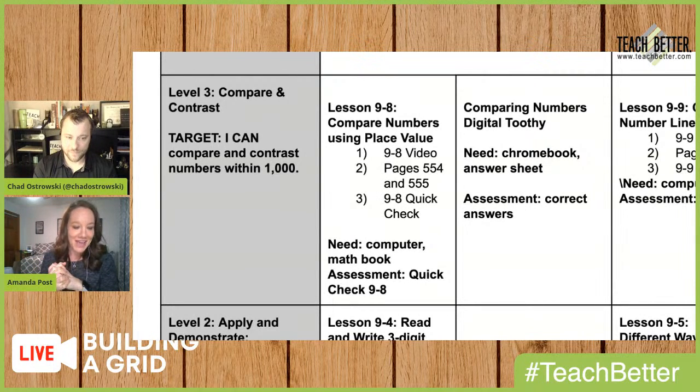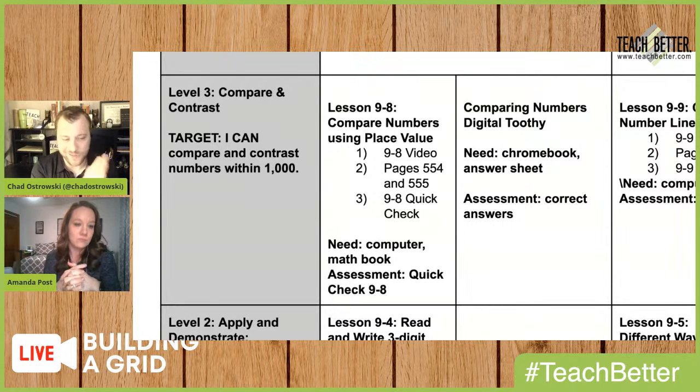And they have to be able to defend that. So it's not only just saying, hey, this number's bigger. They have to be able to explain, well, if you look at the tens place here and the tens place here, the ones are the same, the tens are different. Or the hundreds and ones are the same, the tens are different. And be able to defend that specific choice. So that's kind of where they need to get to throughout this level.